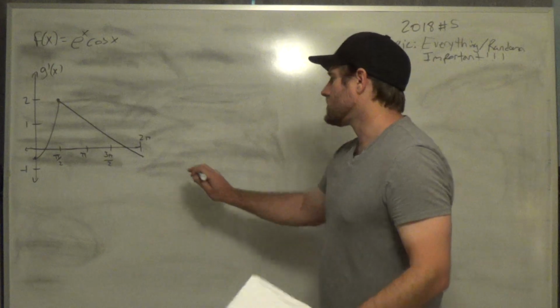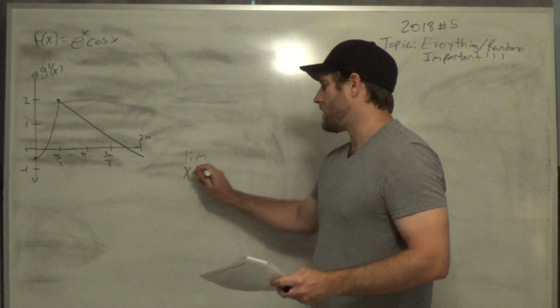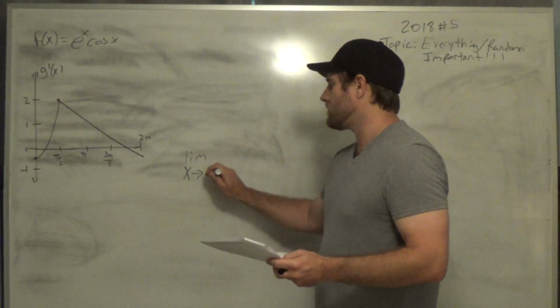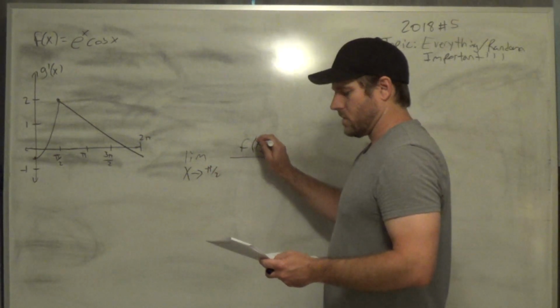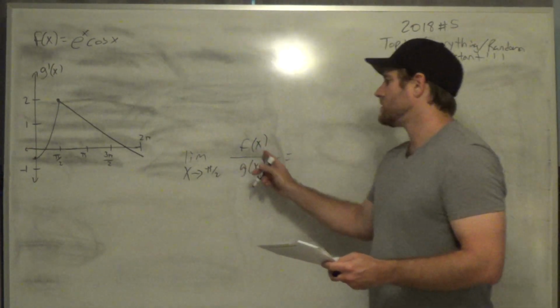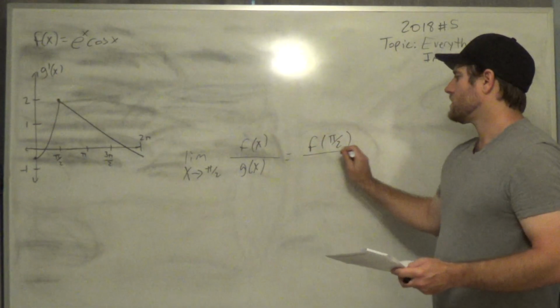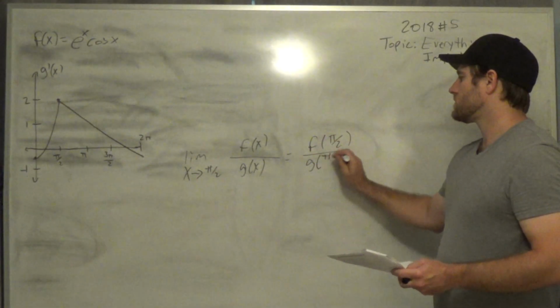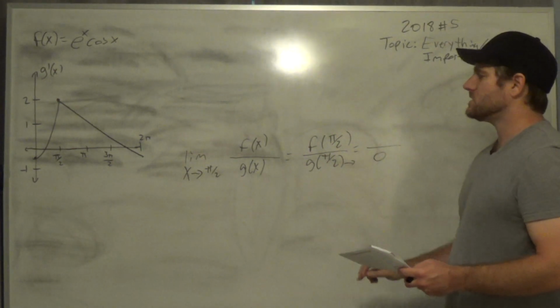Folks, there's a limit question on the test, probably L'Hopital's, so I'm going over some important information here about what you better do on L'Hopital's. So first thing I'm going to do is plug in pi over 2. I get f of pi over 2 over g of pi over 2. I know g of pi over 2, they told me, is 0.